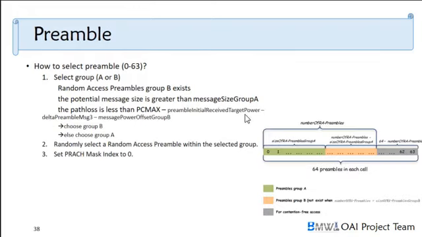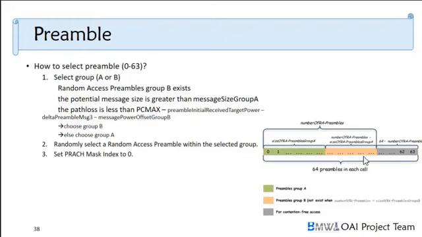So, how to select a preamble? How to select the preamble from 0 to 63, and you will see the picture here. The gray one is for contention free, because contention free means it can't be interrupted, so I give it a preamble that won't have a collision.